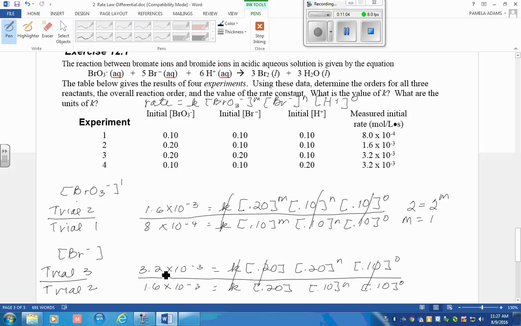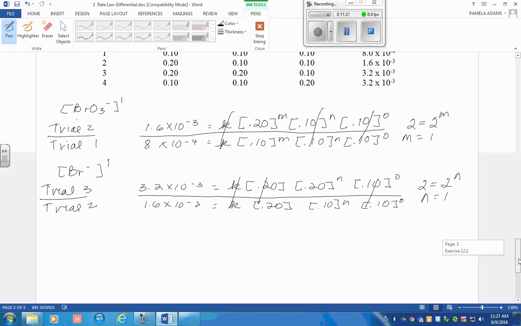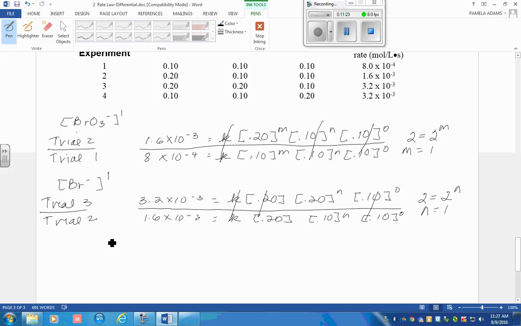3.2 times 10 to the negative third divided by 1.6 times 10 to the negative third is 2, is equal to 2 raised to the nth power. n is also equal to 1. So we have the orders of 2 of our 3. And now I'm going to look for the order of the hydrogen ion concentration.